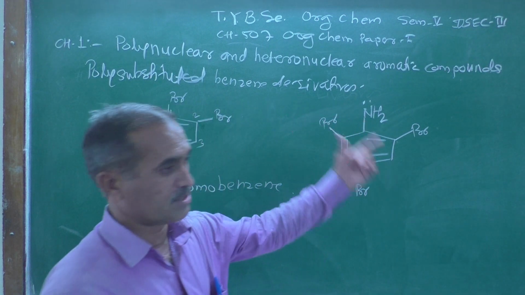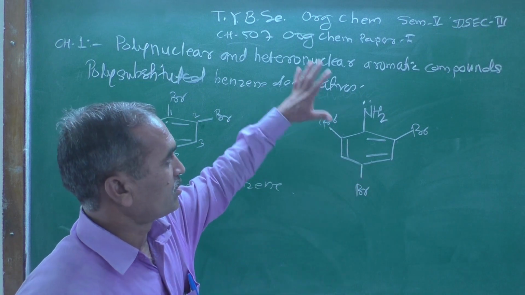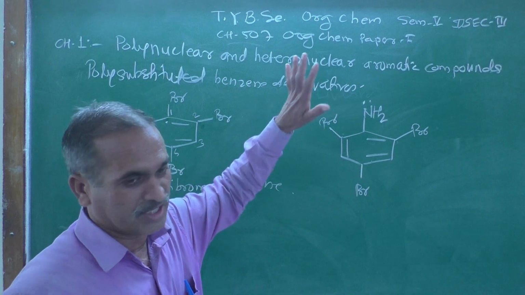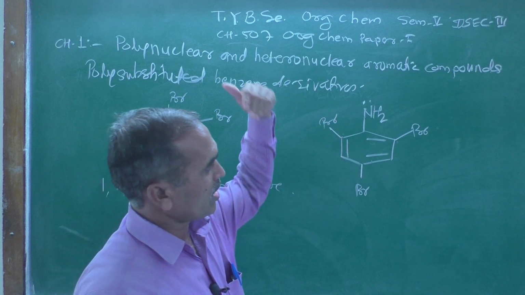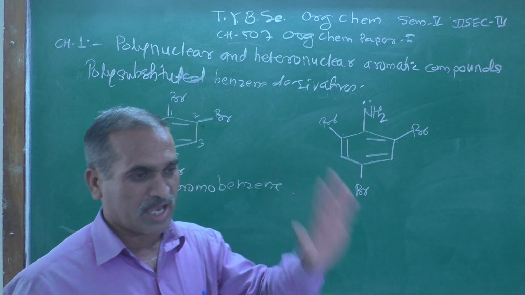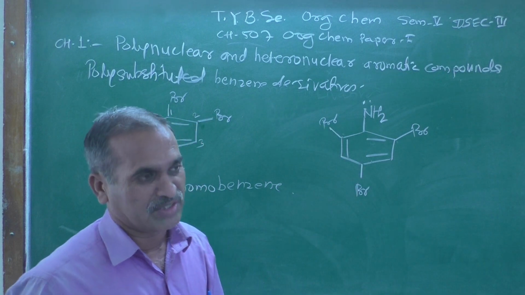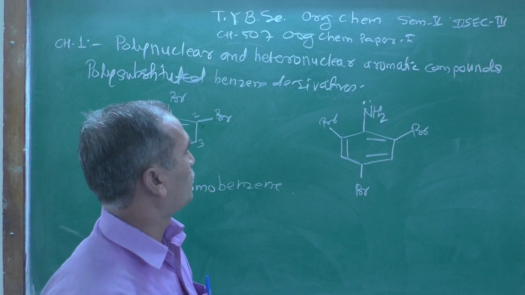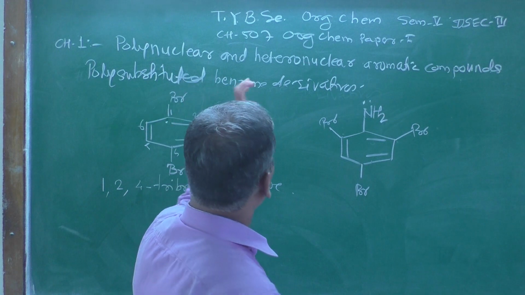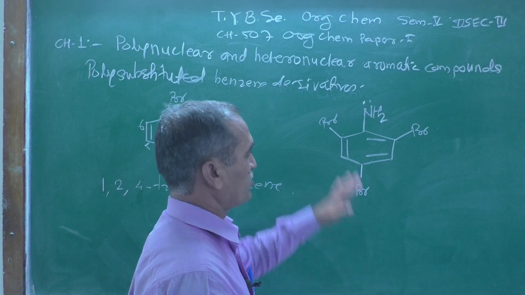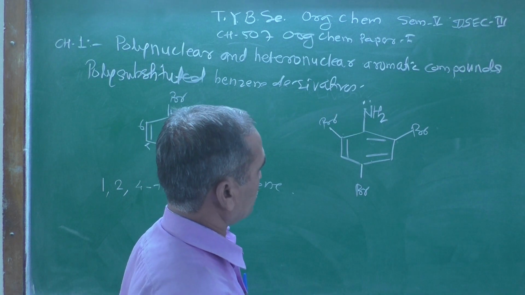Look at this structure. This is also a polysubstituted benzene derivative. It means more than two atoms attached to the benzene ring, then that type of benzene is generally termed as polysubstituted benzene derivatives.